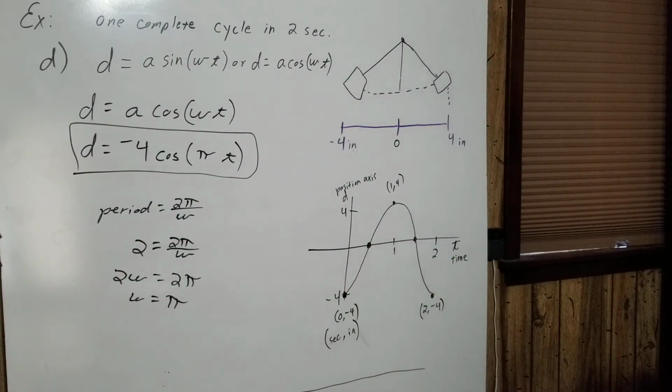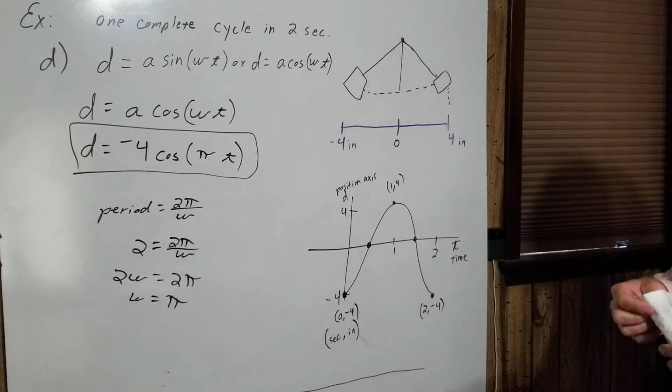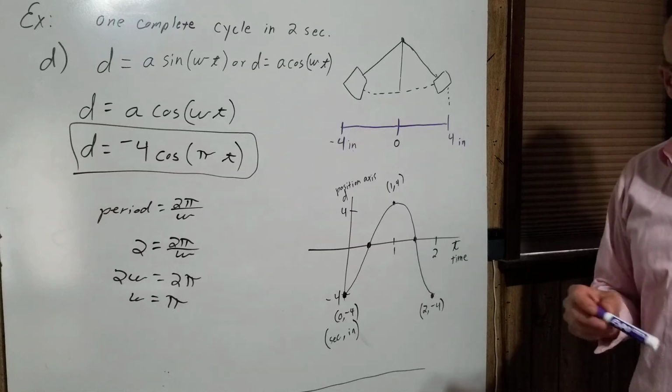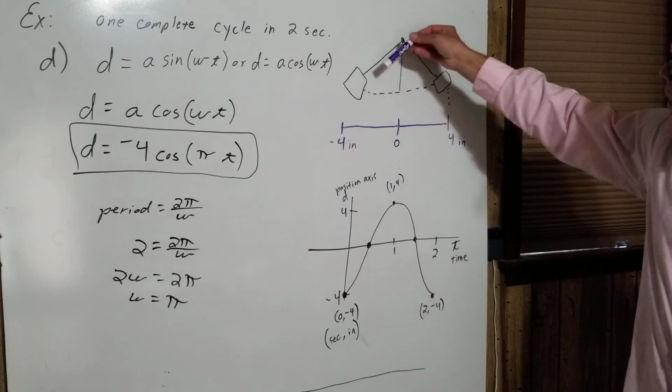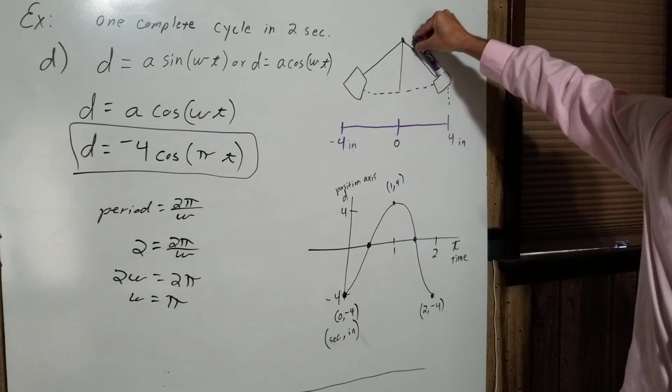Alright, let's see what else we have. We have a part E that says find the position and direction of movement of the bob at t equal to 1.25 seconds. Let's think about this. Y'all told me at 1 second it's over here, right?